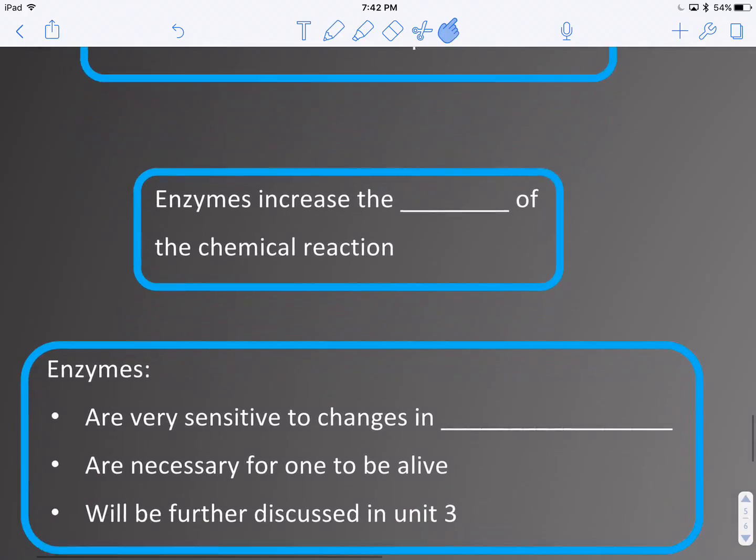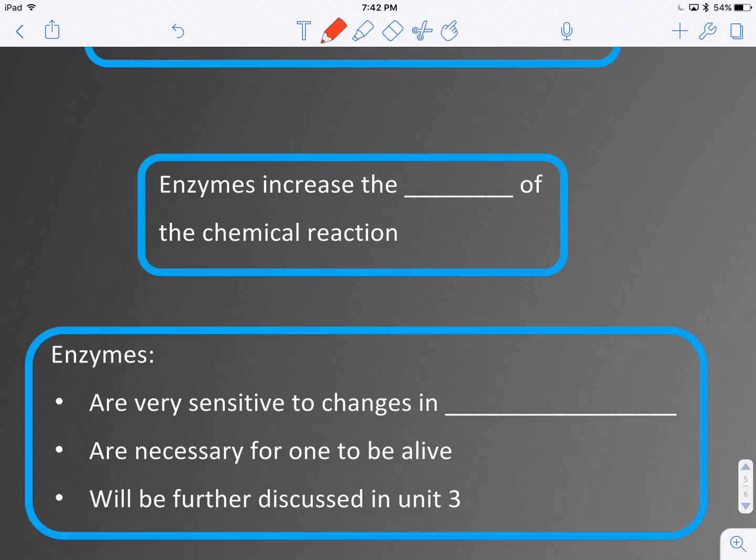What enzymes specifically do is that they increase the rate of the chemical reaction. What this means is they increase the speed. The rate is the speed, so they are increasing the speed of the chemical reaction.